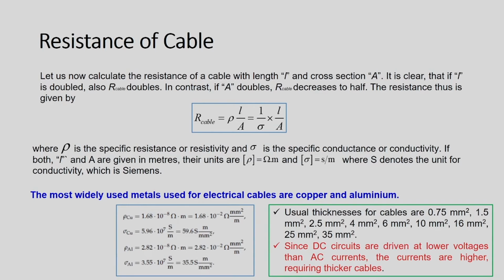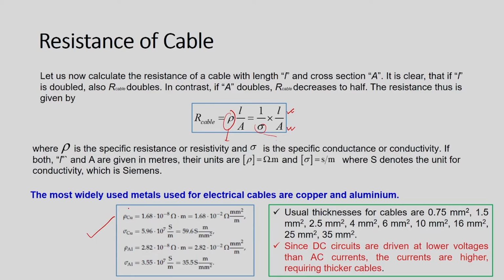Also, we know R cable is a function of rho L by A, and 1 by conductivity is L by A. Rho is nothing but resistivity, and we can also express it in terms of conductivity. Normally L will be in meters and A is normally in square millimeters.